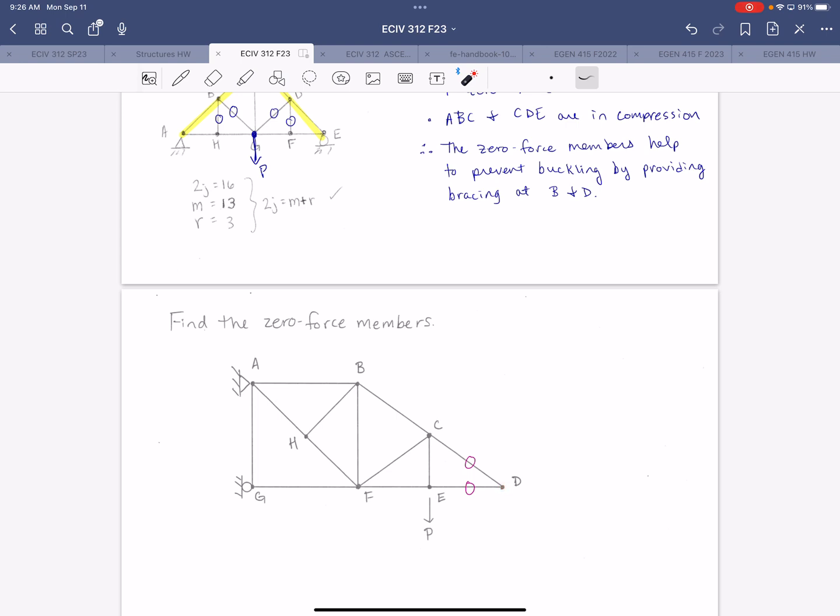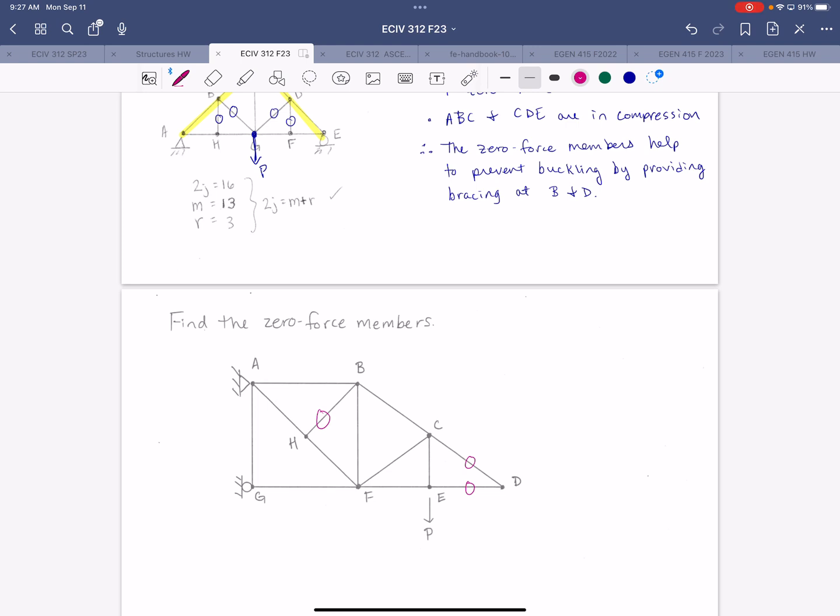No load at the joint. Now, once those 2 are identified, where can we go from there? HB, did I hear that? Yep, HB, using that 3-member rule.